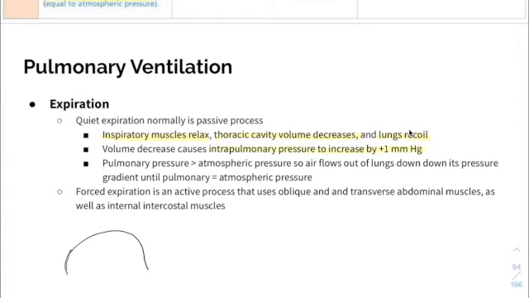When we exhale, there's always air left in the lungs, residual air that's always going to be there. So since there's that residual air, we've decreased the size of the container that air is in, so that pressure is going to go back up.